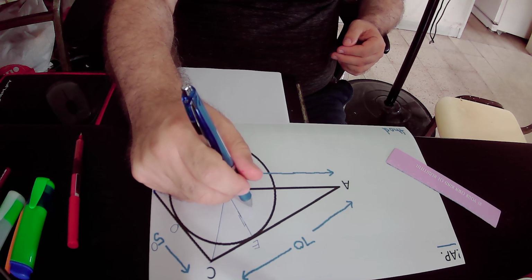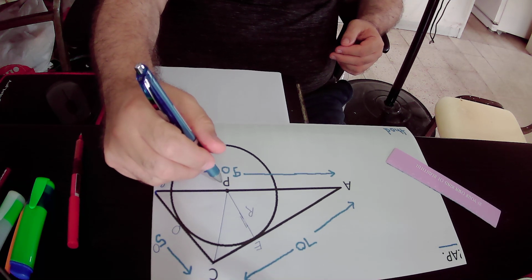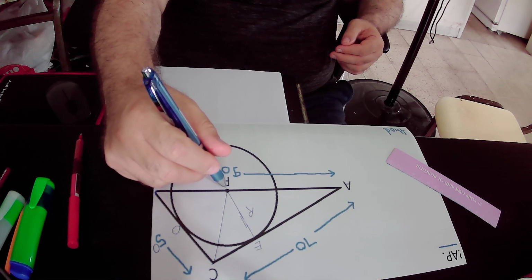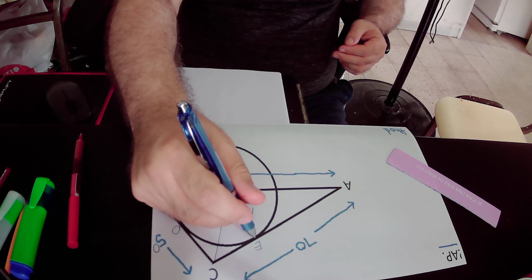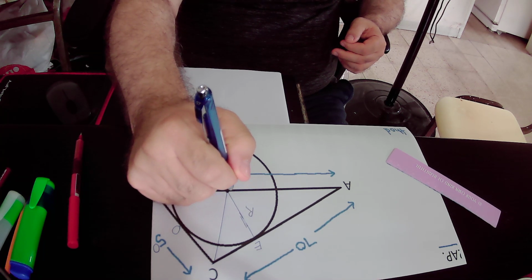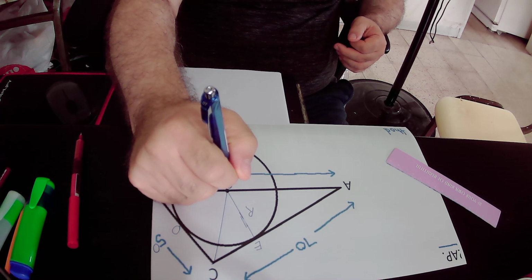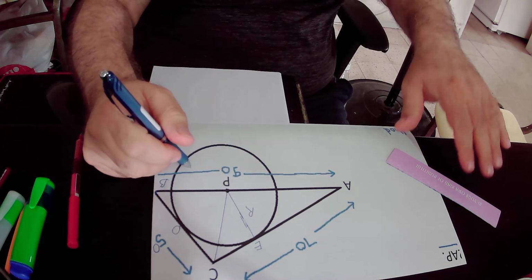I will mark it as R because it starts from the center of the circle, point P, and ends at point E on the circle, so it is defined as the radius of the circle, so EP is the radius of the circle.